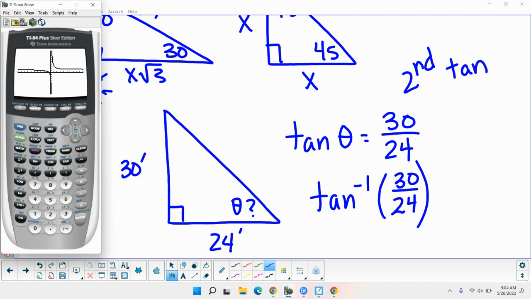So I'm checking my mode, make sure it's in degree. It's not. Somehow it got put in radian, so I'm going to move over, hit enter for degree, and then I'm going to go second tangent, and then put that fraction in, close it up, and 51, usually to the tenths, 51.3 degrees.